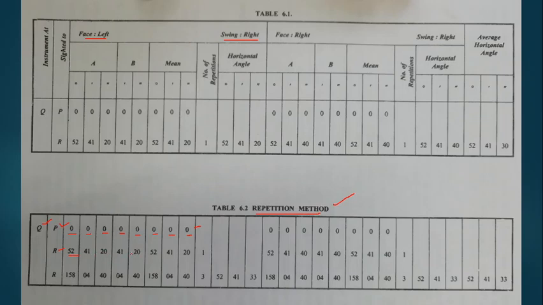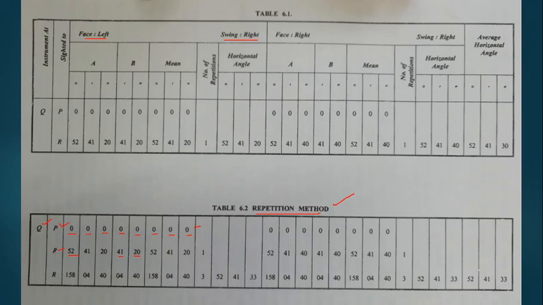Similarly on vernier B we will write only minutes and seconds. In tabular form there is no provision for writing degrees, only minutes and seconds, and on vernier B when you search for coincidence you will only get 1 minute 20 seconds, but we need to add the minutes of the main scale reading here also.